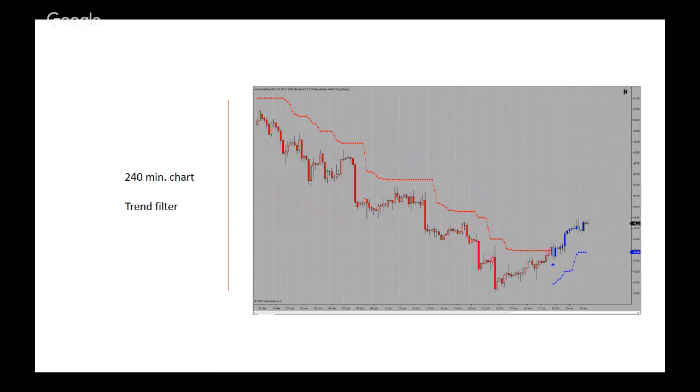So you can say that in a strong downtrend like this, I only want to take opening range breakouts to the downside. And here we see that this has just now turned to the upside. So in that scenario, you would be looking for a long bias on the breakout strategy.